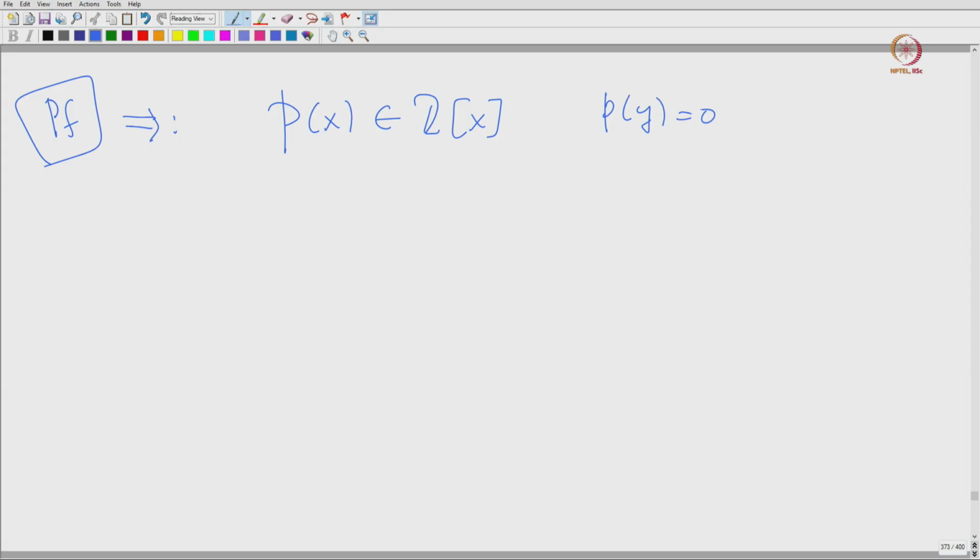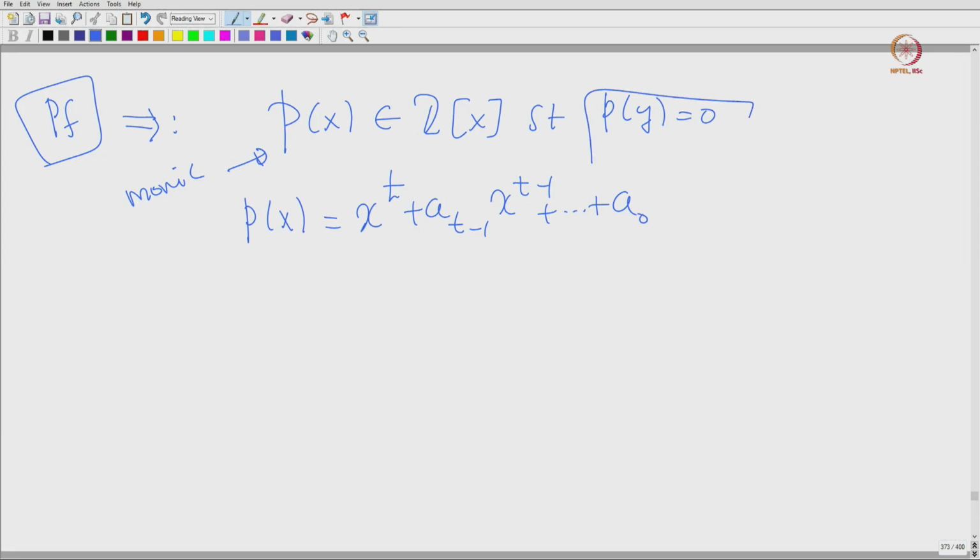Let us write down this p of x, which is monic, as x^t plus a_{t-1} x^{t-1} plus etcetera plus a_0.